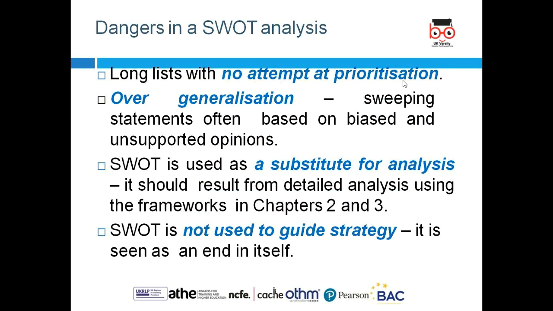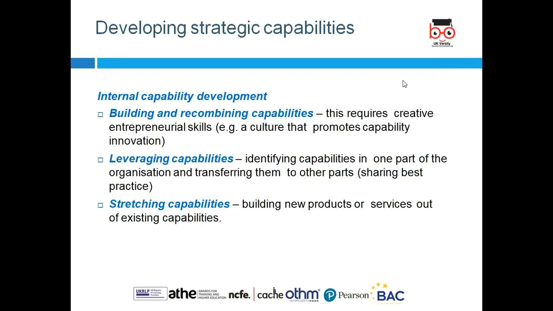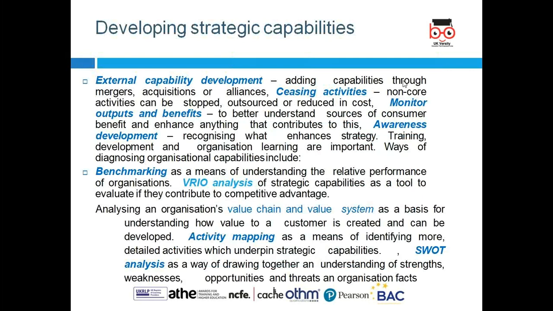A danger in SWOT analysis is a long list with no attempt to prioritize, which we need to look at. Substitute analysis is required for this, and developing strategic capability: in internal capabilities, building, recombining and leveraging the capabilities, and so on.